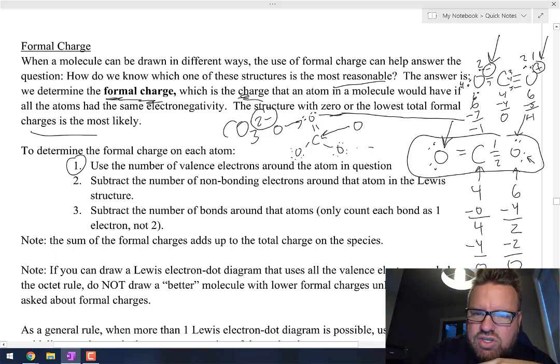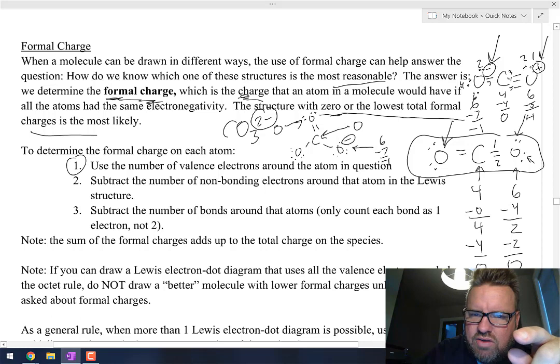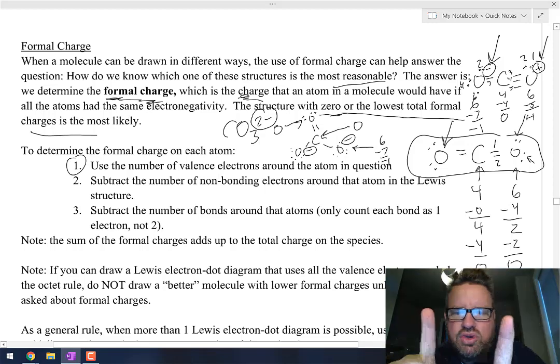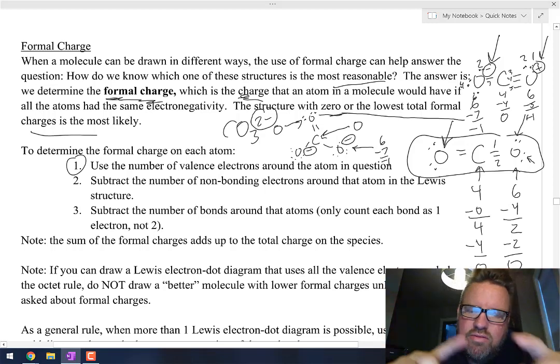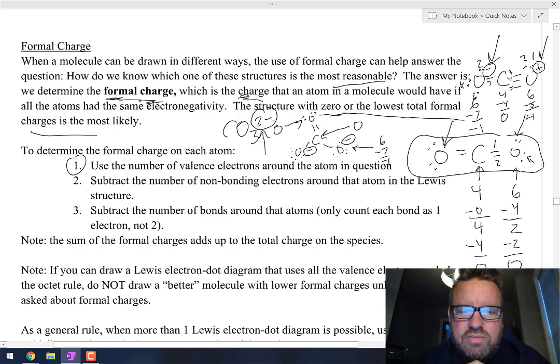But this oxygen down here, 6 valence electrons, minus the 6 dots, minus the 1 bond is negative 1. This oxygen is negative 1, and this oxygen, the same as the other one, is also negative 1. Notice that there are 2 negative 1 formal charges, and so that produces a charge of negative 2. Hey, what a surprise. The charge is negative 2.